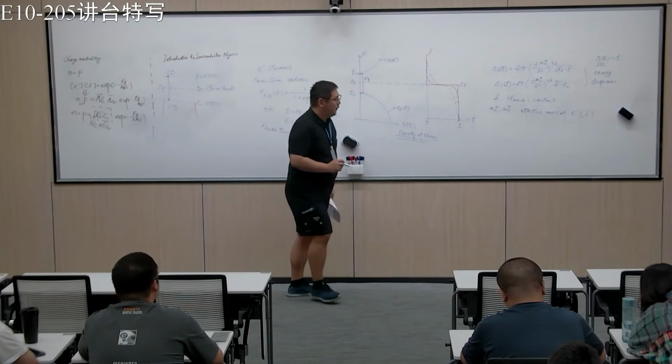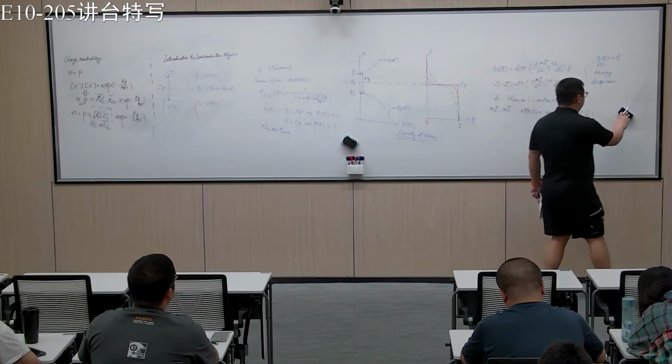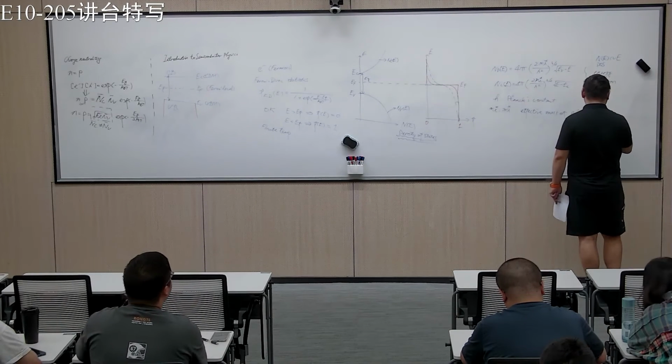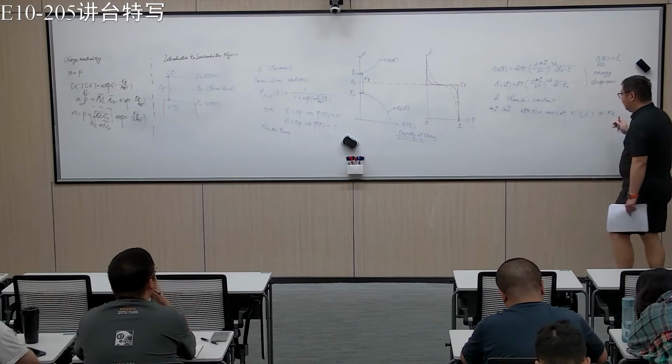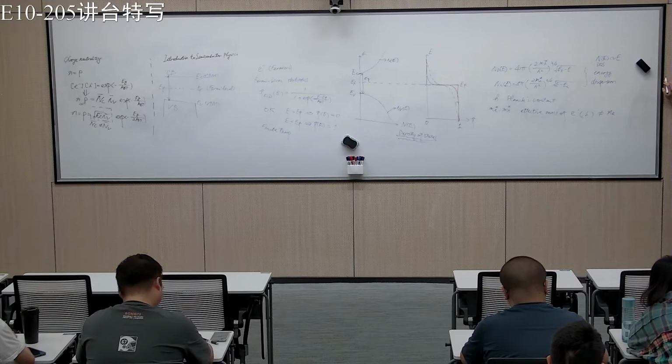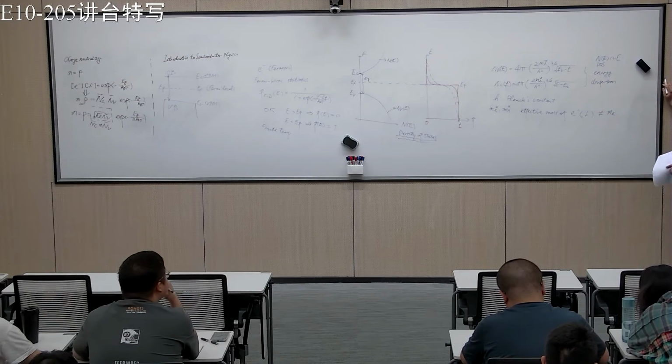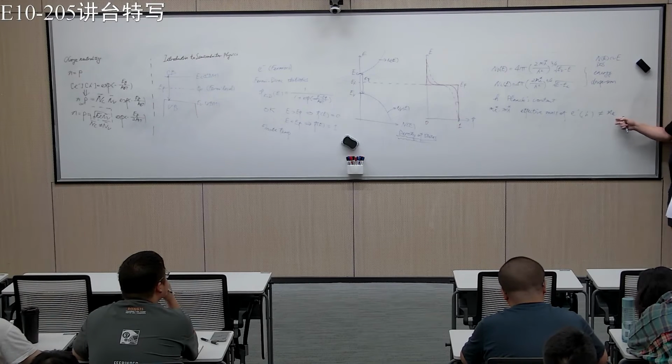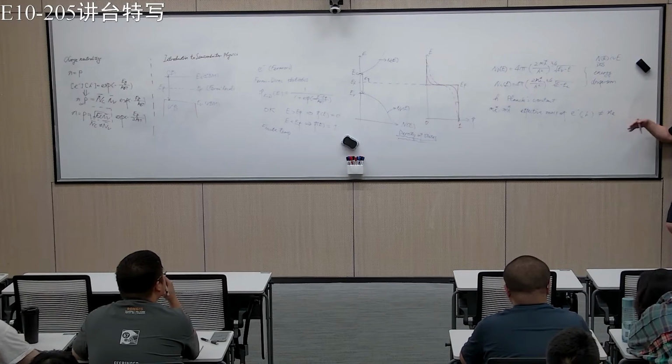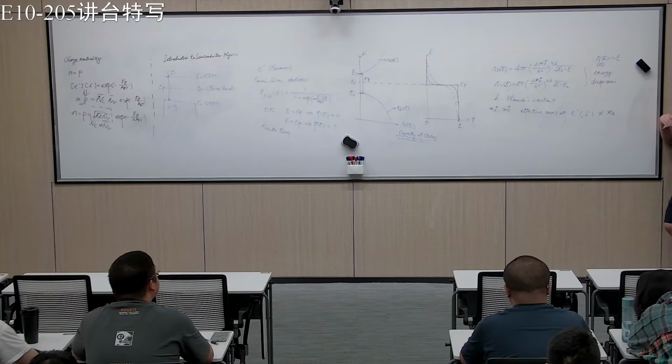Okay. So these can be very different. ME means that it's the mass of electrons in the static state. So when the electron is static, you measure the mass, you get something like this.